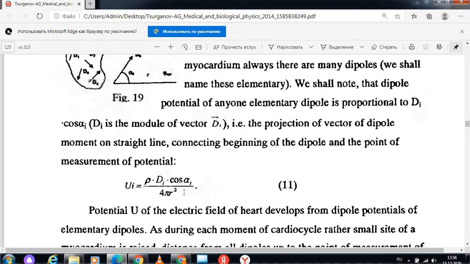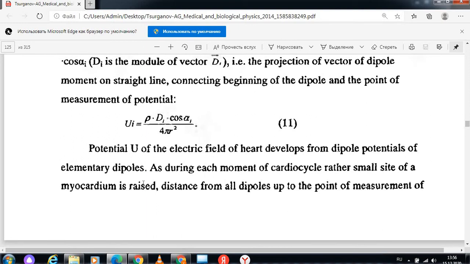And this potential U of the electric field of the heart develops from the dipole potentials of the elementary dipoles. So we summarize them, very tiny elementary dipoles. We summarize all these dipoles and it gives us the result of this potential of the electric field of the heart.